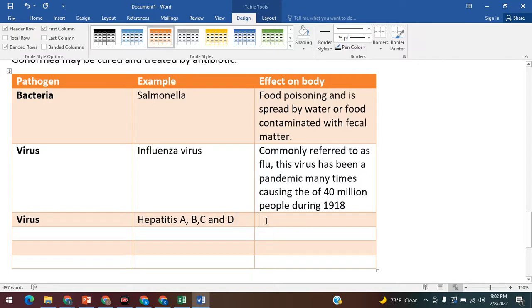All right. This causes swelling and malfunctioning of the liver.